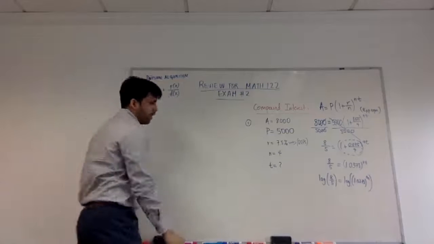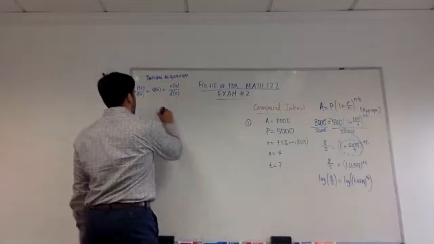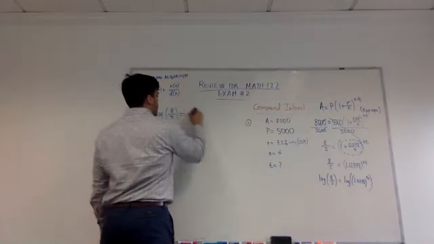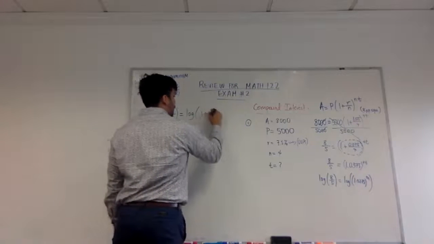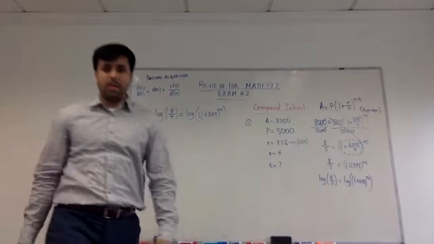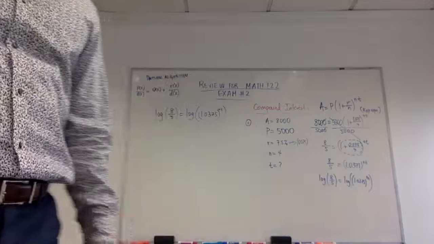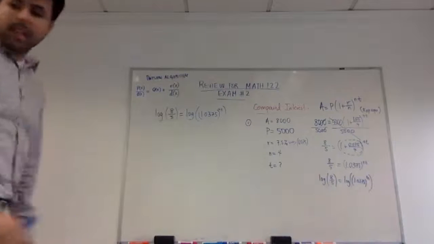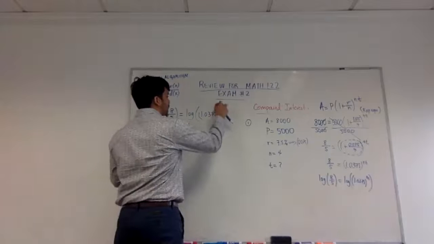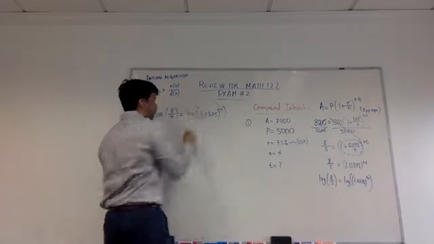Now the nice thing is, I'm just going to rewrite it here. Log of 8 over 5 equals log of 1.01875 raised to the 4t. And the nice thing is now, I can take this exponent and place it in front.